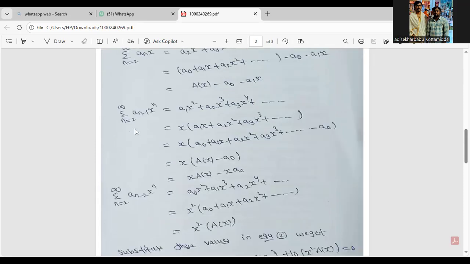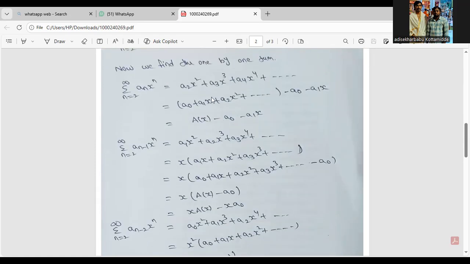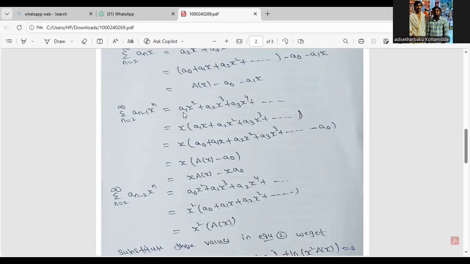Next step is summation n equal to 2 to infinity a_(n-1) x^n. Substitute n equal to 2 in a_(n-1) x^n: a1 x squared plus a2 x cube plus a3 x power 4 and so on. Here the coefficient of x squared is always a2, but here it is a1. Now take x common: x into a1 x plus a2 x squared plus a3 x cube and so on.